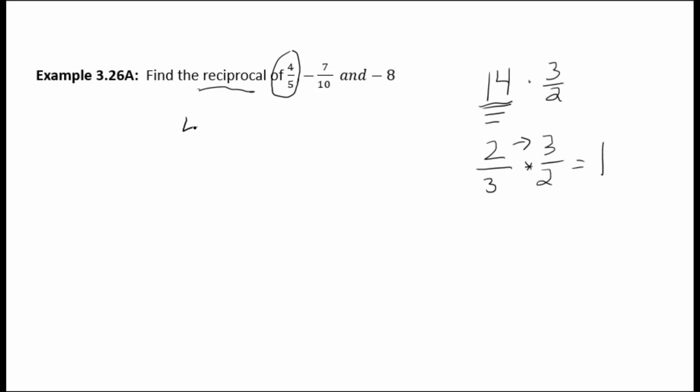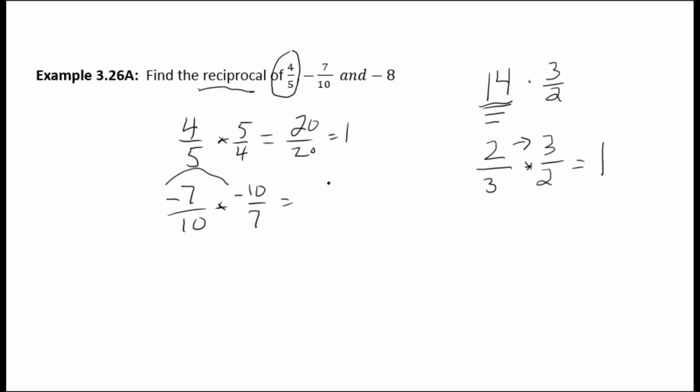The reciprocal of 4/5 is 5/4, because when you multiply them straight across, you get 1. The reciprocal of negative 7/10 is negative 10/7, because a negative times a negative is a positive, and you get 70 over 70, which again is 1.